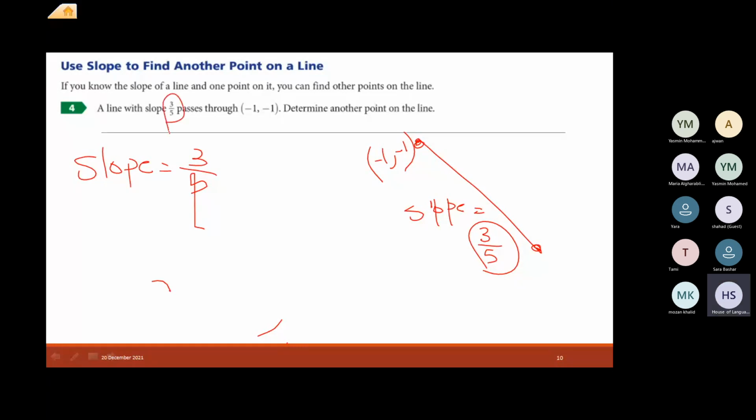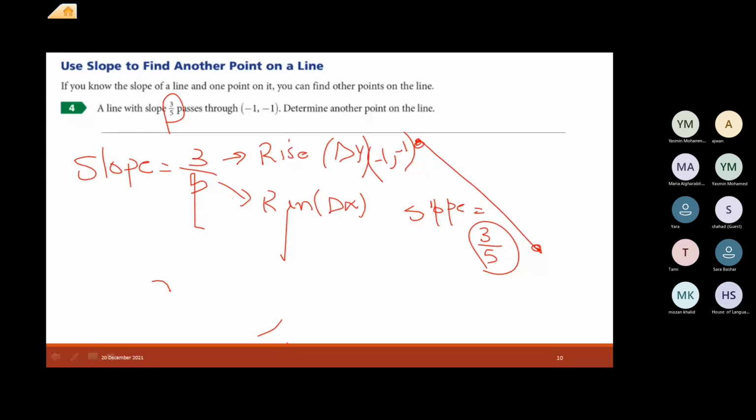It's given, a line with the slope 3 over 5. Now, the slope, what did we say for the slope? We explain it by 2 things, rise over what? Over run, bravo. So this is the rise, this is the run. This is the delta y, this is the delta x.